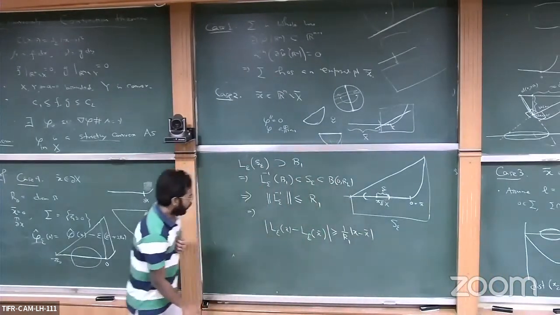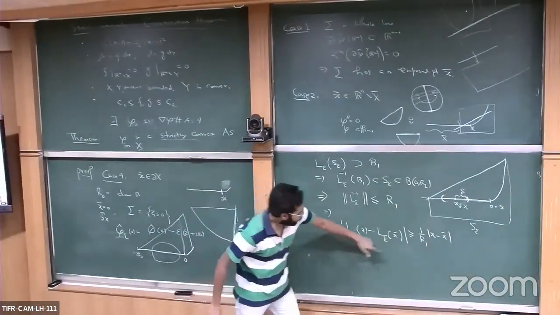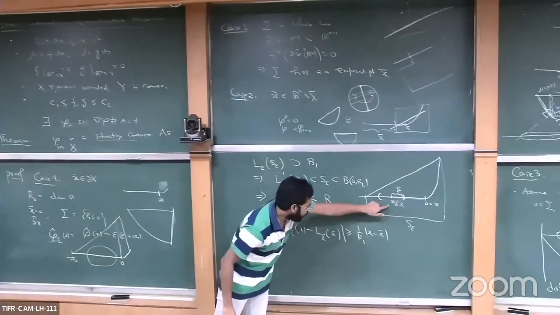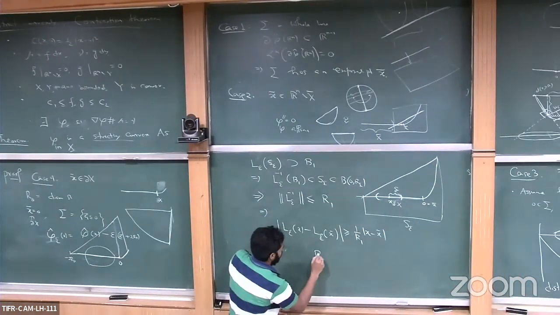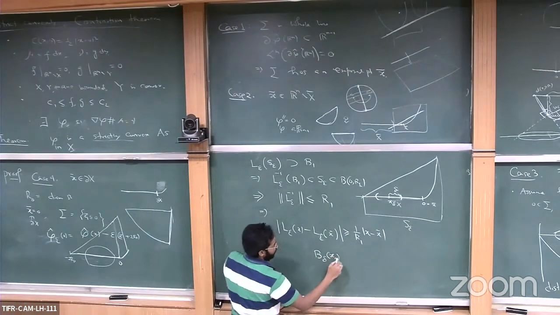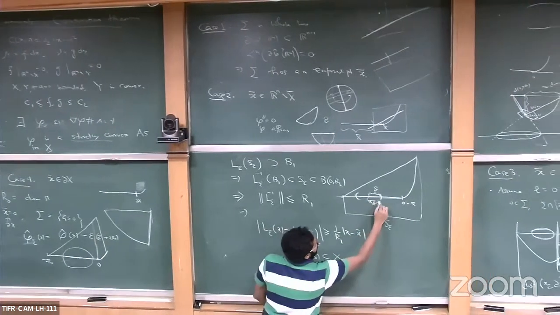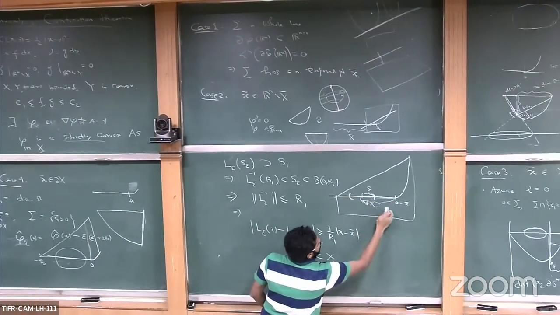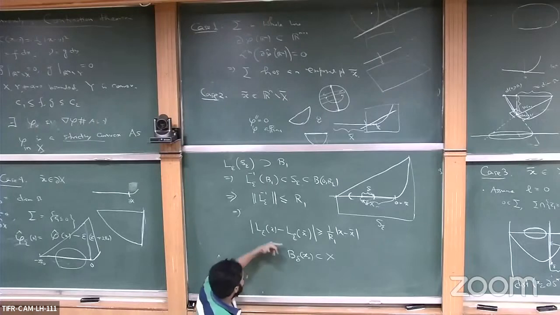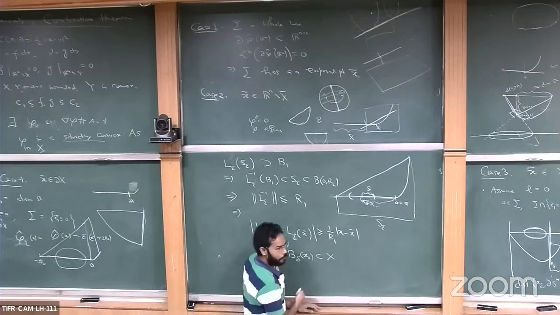Okay? So after this normalization, this tells you that this ball V delta x naught contains inside x, and this is at least delta distance away from the extreme point. So after normalization, this will be at least delta over R1 distance away.